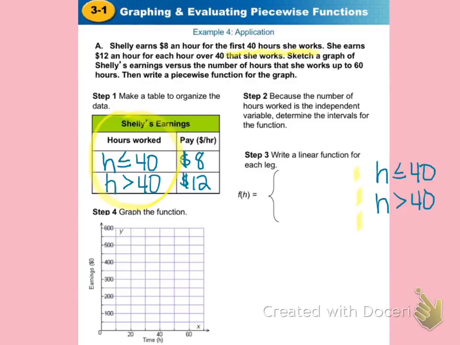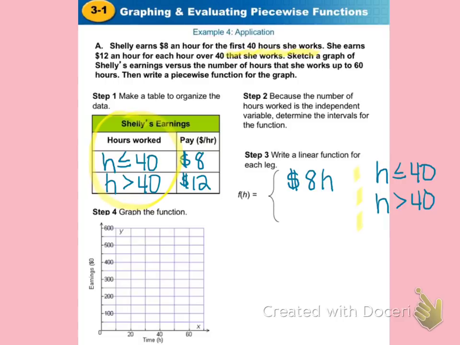So the first part of the function, this part where she's just working 40 hours or under, that's easy. That's just $8 times the number of hours that Shelley works. So that part of the function is pretty straightforward. Now the second part's a little more involved, because if we get to this second part of the function, so if she gets to where she's working over 40 hours, she's actually already earned 40 hours worth of $8 per hour pay.